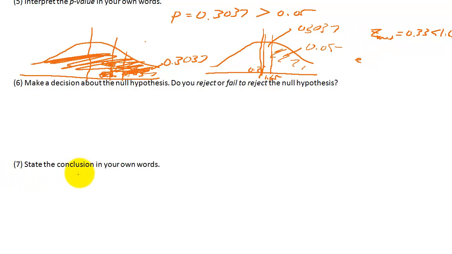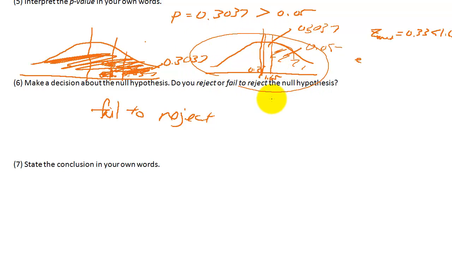Make a decision about this: reject or fail to reject? We fail to reject, because the null hypothesis was that there's no positive effect, and from this it looks like there's no positive effect. State the conclusion in your own words. The effect was so small.